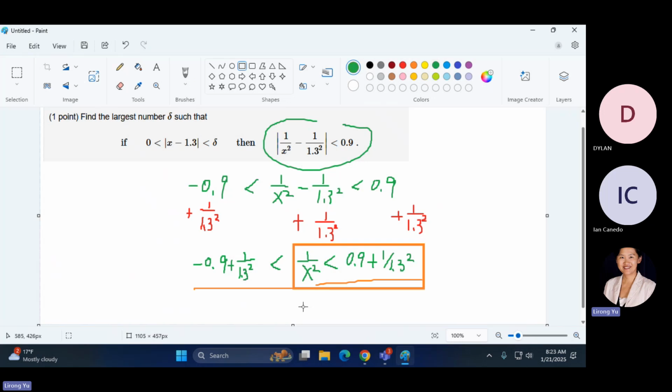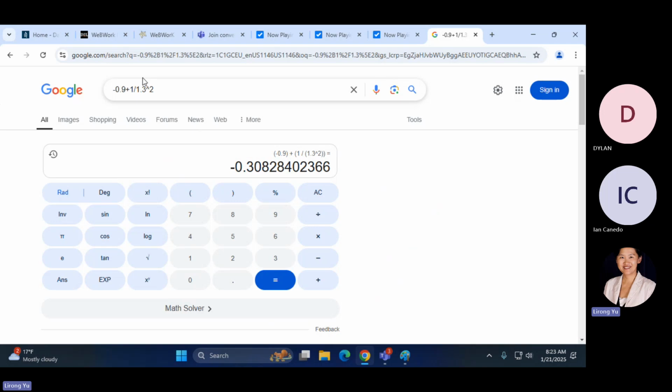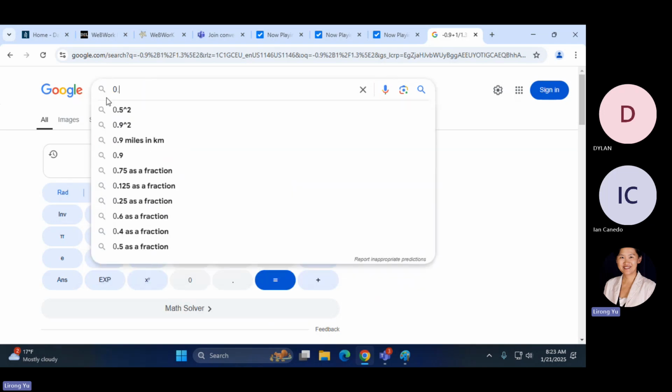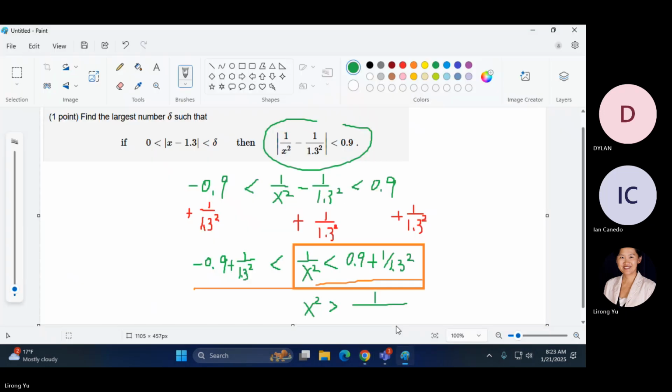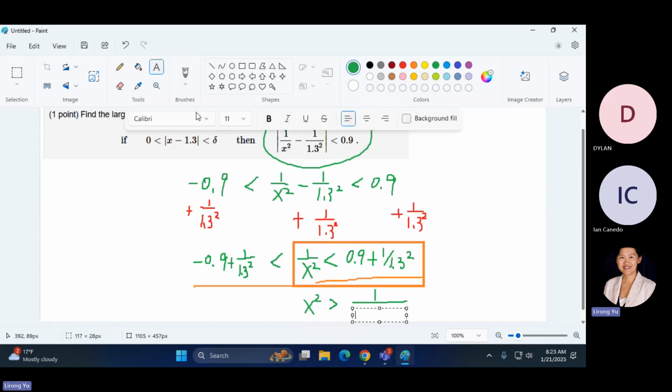So from that we get x squared is bigger than 1 over, and I should calculate that one, because keep writing it gets bigger. Calculating this 0.9 plus 1 over 1.3 squared, and that would be this number, which belongs to the denominator.